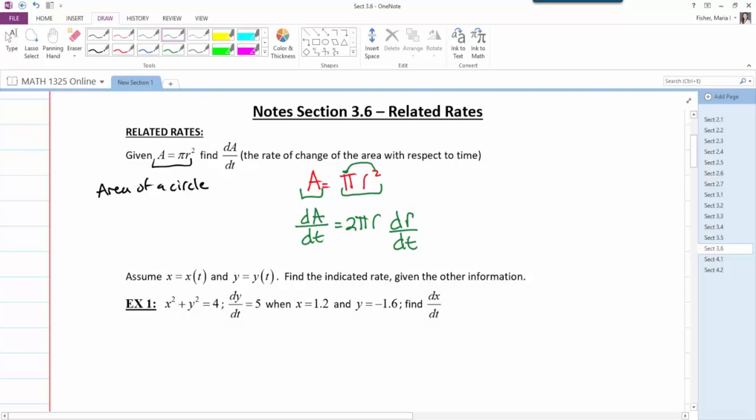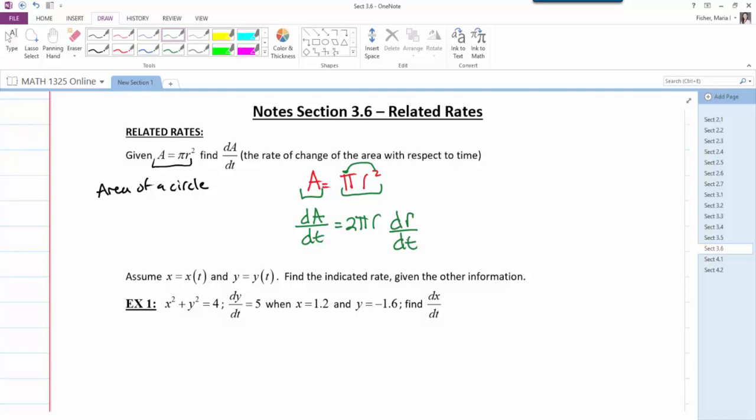So when we're dealing with related rates, we're taking the derivatives as normal and including with them the d variable over dt. Whatever variable it is, r, A, h, V, it's going to be d of the variable over dt.